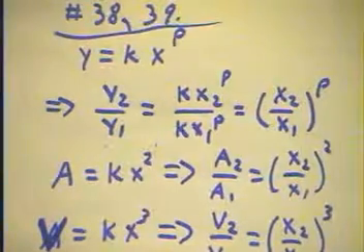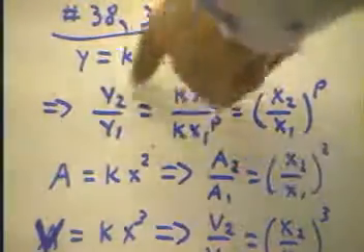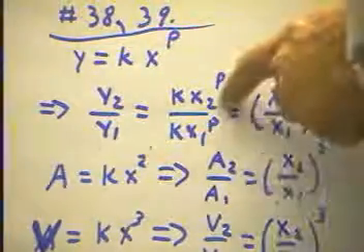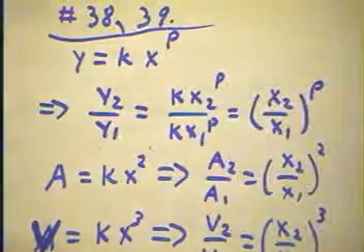Numbers 38 and 39 concern the ratios we get from various proportionalities. Now let's move over here so we can see numbers 38 and 39. If we have y equals kx to the p, as we've seen, then the ratio y2 to y1 is kx2 to the p divided by kx1 to the p.